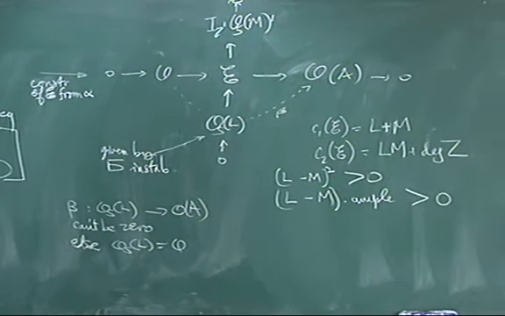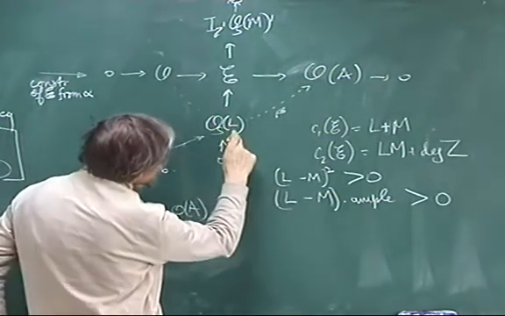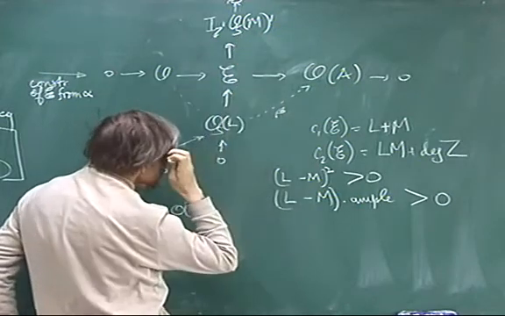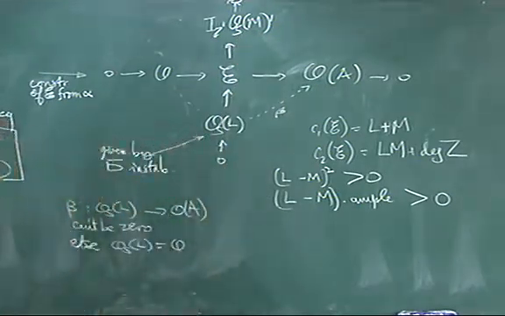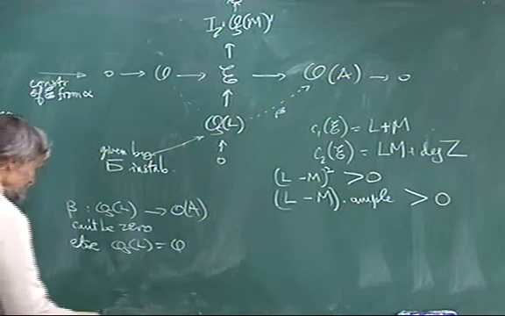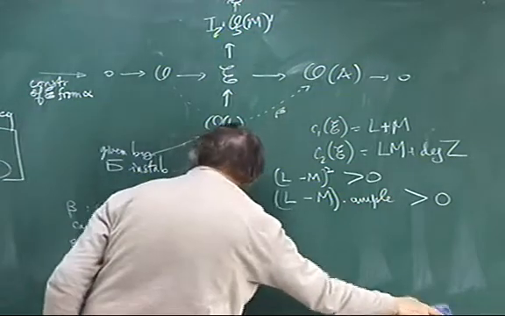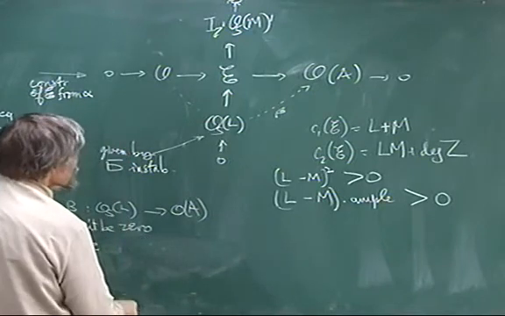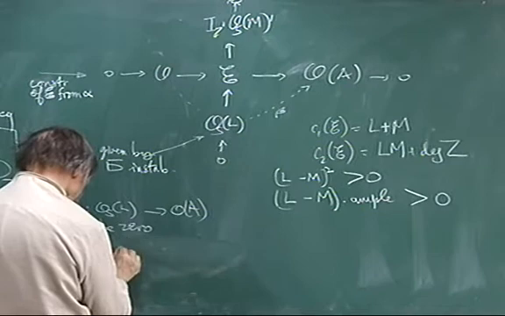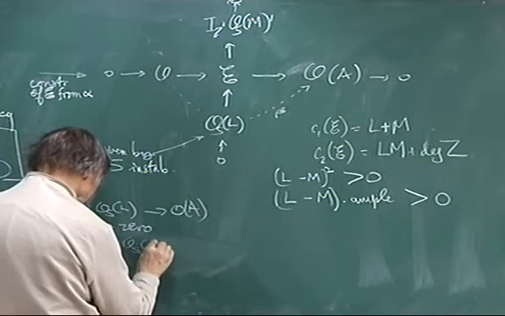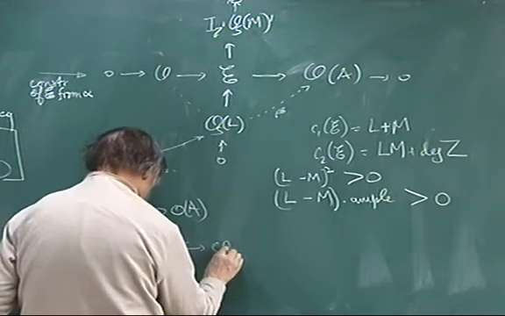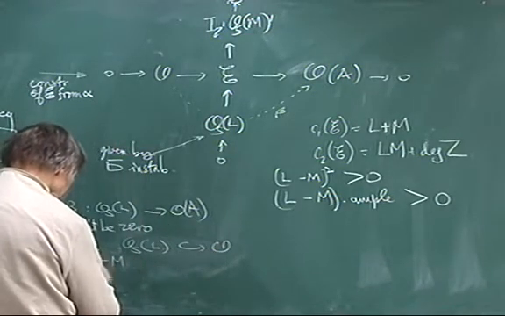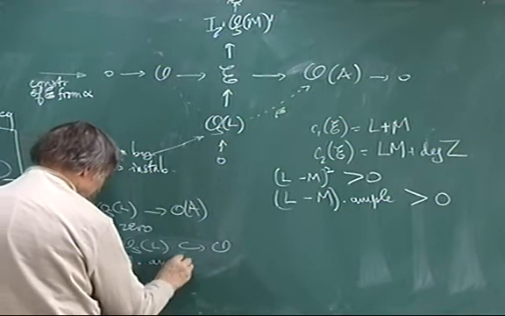But we do know that this L minus M is... so I have to be a little bit careful and patient about this. So OS of L would be contained in O, and L minus M times ample is positive.